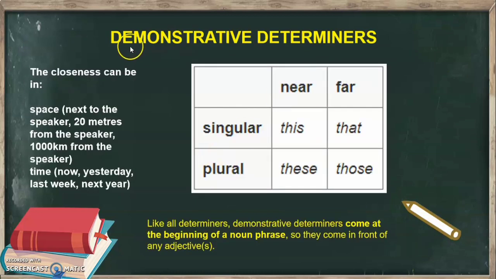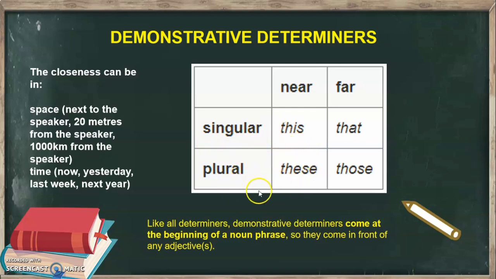So demonstrative determiners. Let's take a look at this box here. We have near, far, singular, plural. I'm sure you're already familiar with this. We learned about this before, right? Do you remember when we were talking about pronouns? This is the singular form.